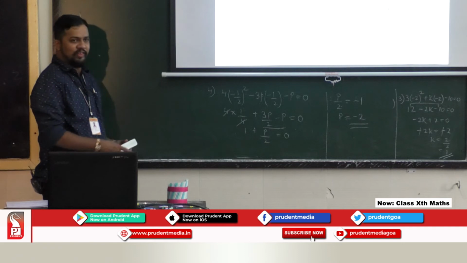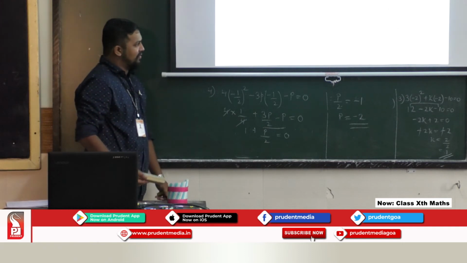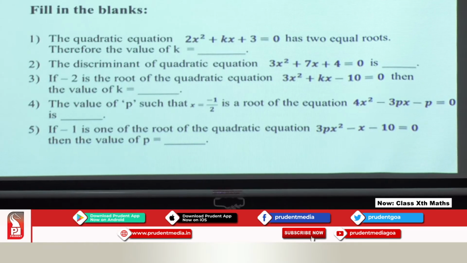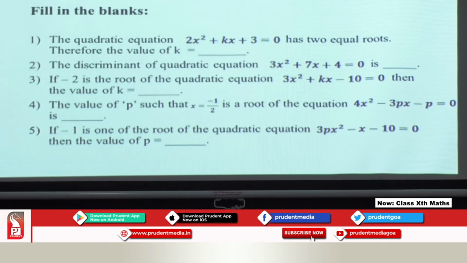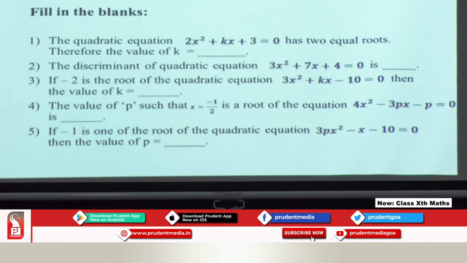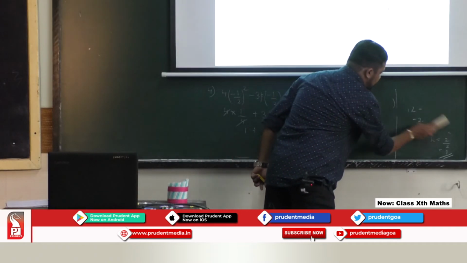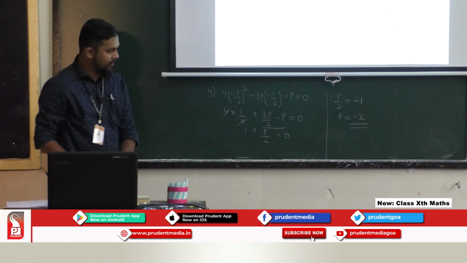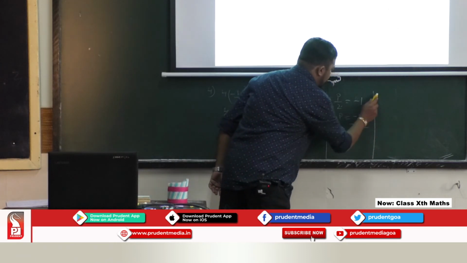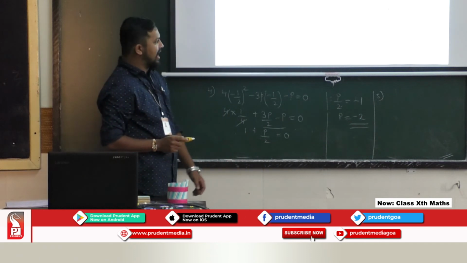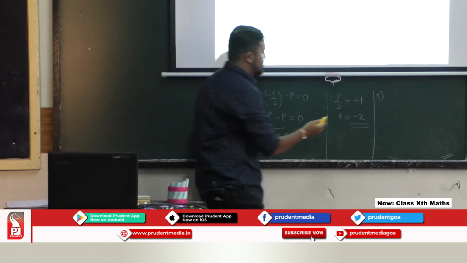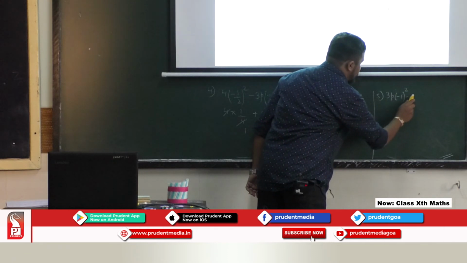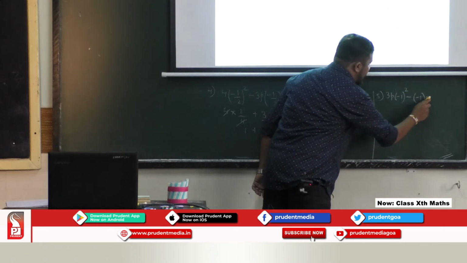If you know the fourth one, it will be very easy to solve the fifth one for you. So fifth one is saying if minus 1 is one of the roots of the quadratic equation 3p x square minus x minus 10 equal to 0, then the value of p is dash. Okay, so let us find. Wherever x is there, I will substitute minus 1. So 3p times minus 1 the whole square, minus minus 1, minus 10.